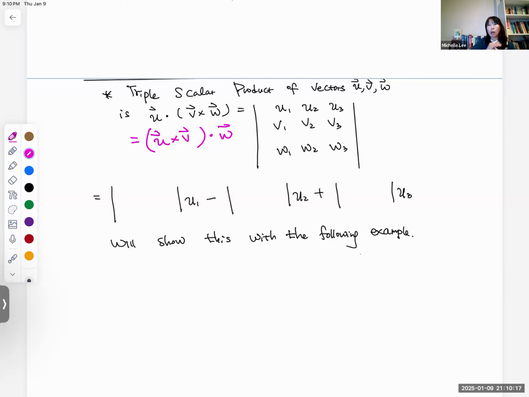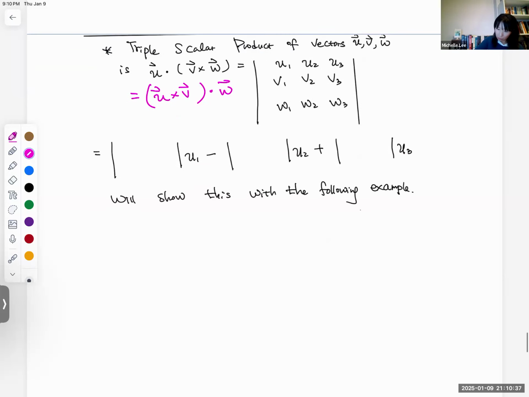So I'm going to show you with an example so that we understand this triple scalar product. U equals 1, 3, 5. V equals 2, -1, 0.